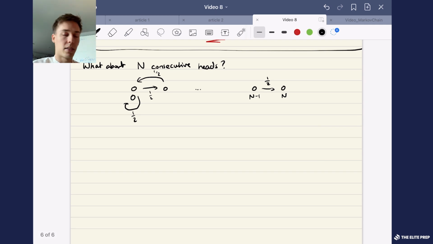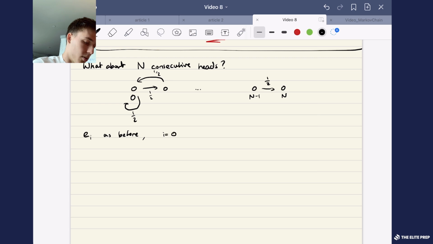So in this case, we can use a similar formulation. E_i as before, for i equals 0 up to n, and En is equal to 0 this time, because at state n, we've already thrown n consecutive heads, so we don't need to take any more steps.